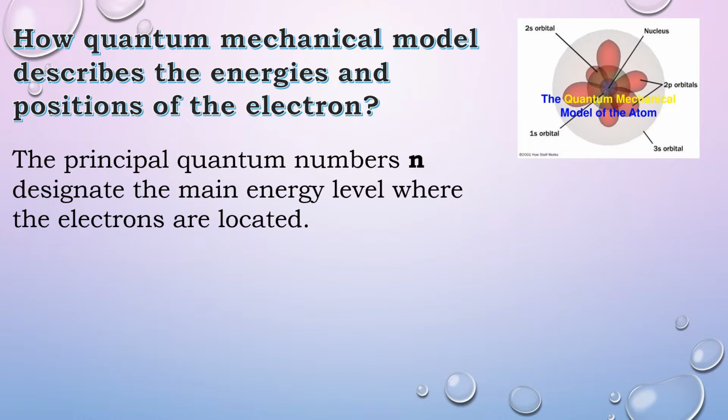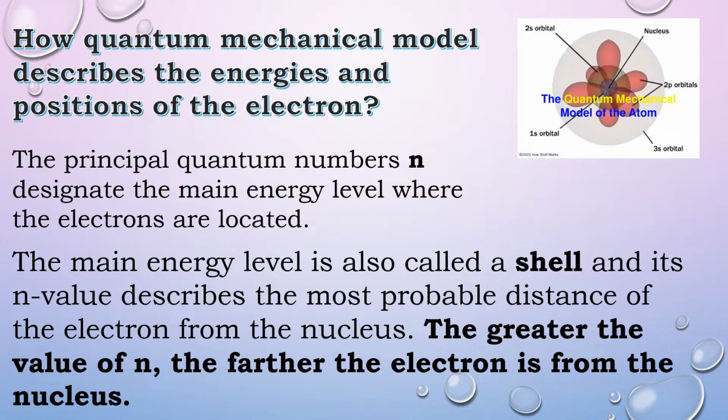These main energy levels are represented by numbers 1 to 7, and can also be letters K, L, M, N, O, P, and Q. The main energy level is also called a shell, and its n value describes the most probable distance of the electron from the nucleus. Remember class, the greater the value of n, the farther the electron is from the nucleus.